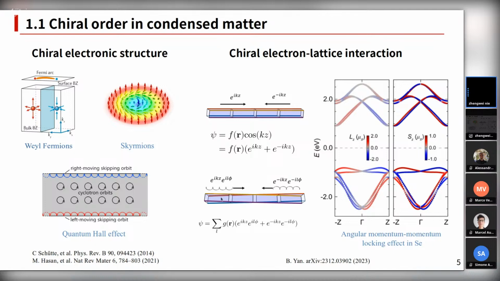And if we twist the box, there should be an additional phase shift because of the boundary conditions. For the forward propagation case, the phase shift is exponential i l phi, and for the backward propagation case, it is exponential minus i l phi. l is its orbital angular momentum. It is not there in real materials.